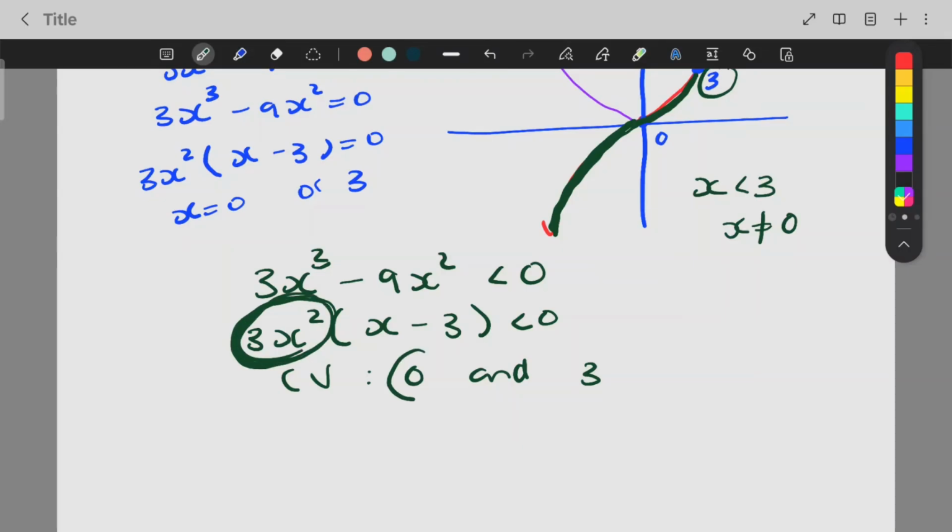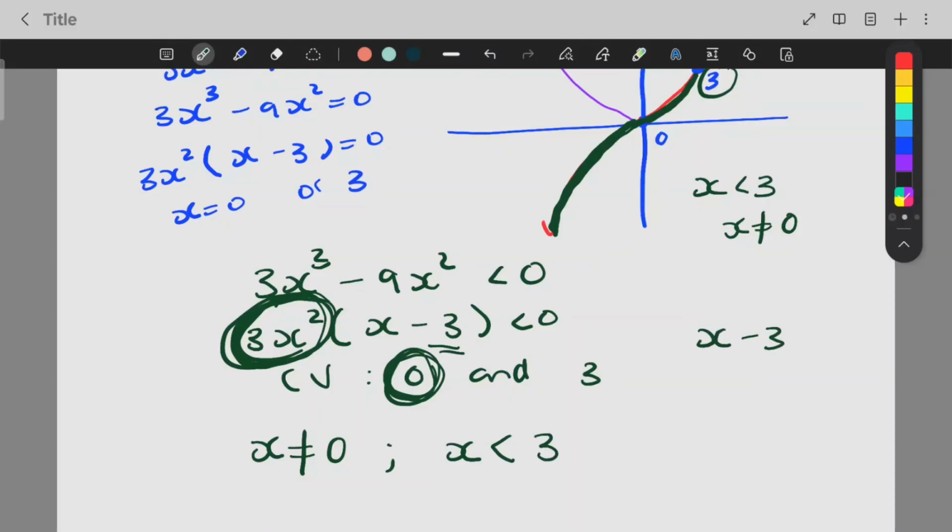So this one is never true. This is never less than 0, because it's a square, and anything squared is never negative. So first of all, you would write this down. And then the only option is where x minus 3 is less than 0, so x is less than 3. You can also do it like that.